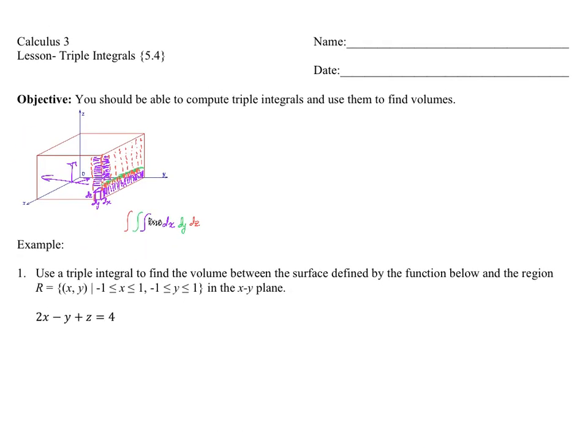So the first example: use a triple integral to find a volume between a surface defined by the function below, there's our function, and the region, a rectangular region in the xy plane, which is fine. So that means we can swap our x and y bounds all we want. So we have a z function defined in terms of x and y. But what we could do is define this function as f of x, y, z.